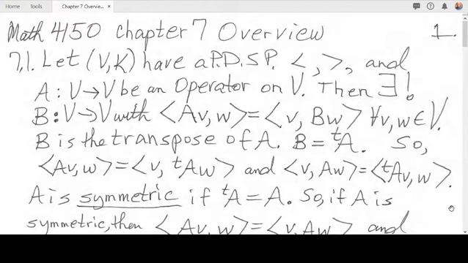So it starts off with the treatment of symmetric linear operators.